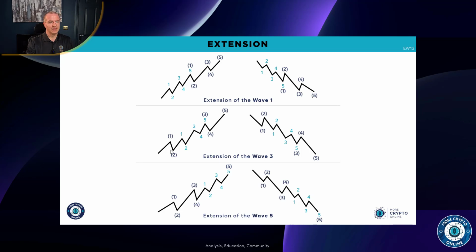Now, another concept I want to talk about before we go to the live chart is the concept of an extension. And you will see that on the example chart, on the NVIDIA chart. You have different extensions. And that is stuff for a separate video, but I want to explain it to you already so you've heard about it. The wave extension. So typically you get an extension.